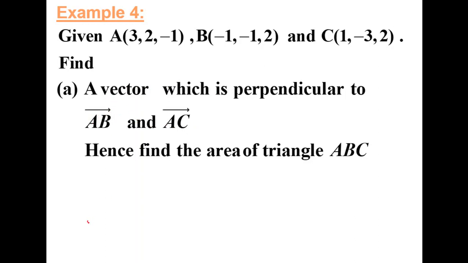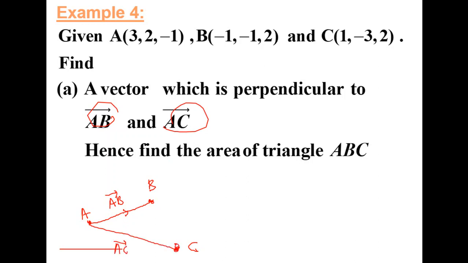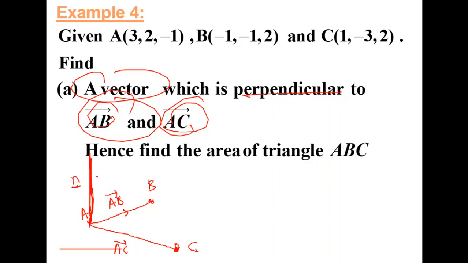Let's say points A, B, and C. Vector AB is from A to B, and vector AC is from A to C. A vector perpendicular to these, I call it vector N, is perpendicular to vector AB and perpendicular to vector AC.